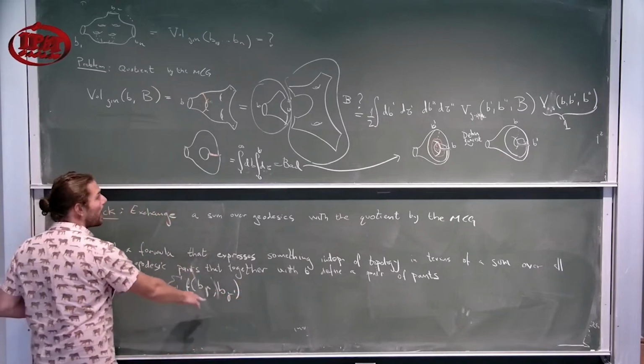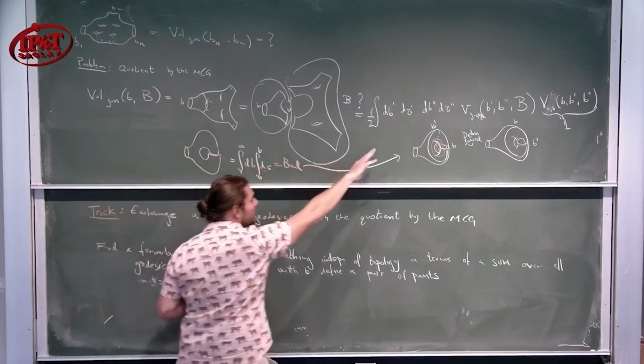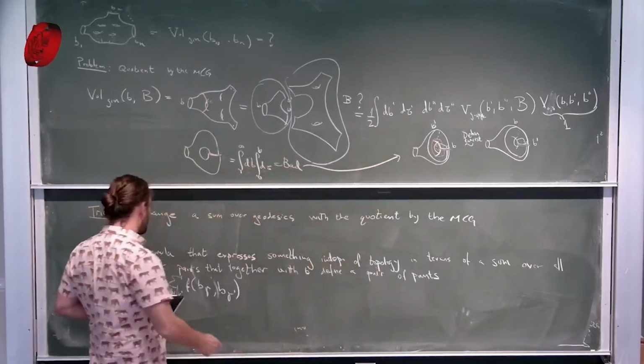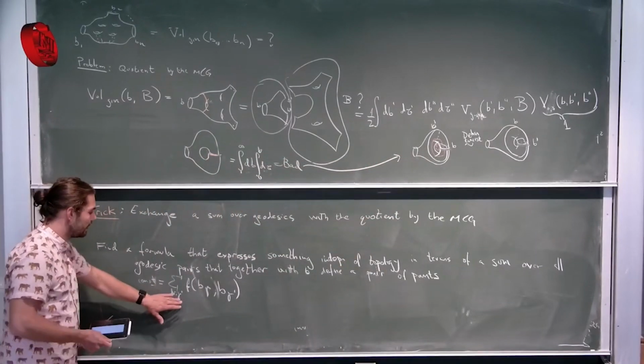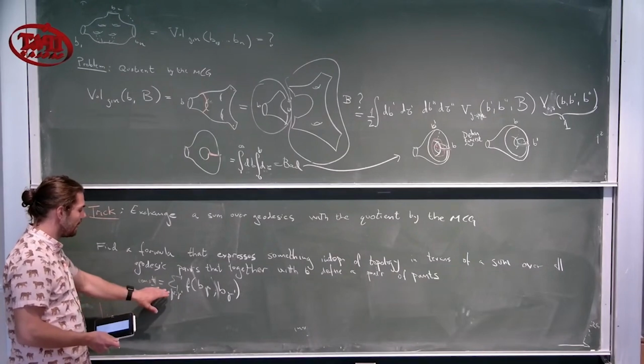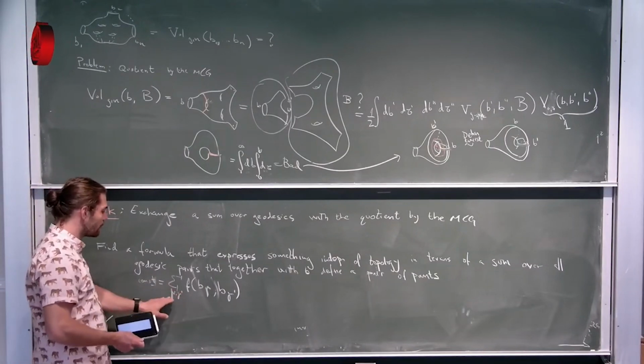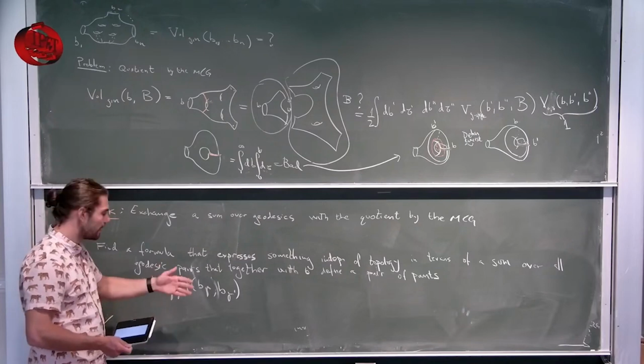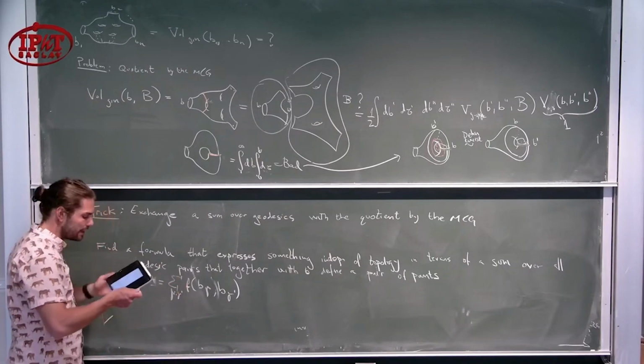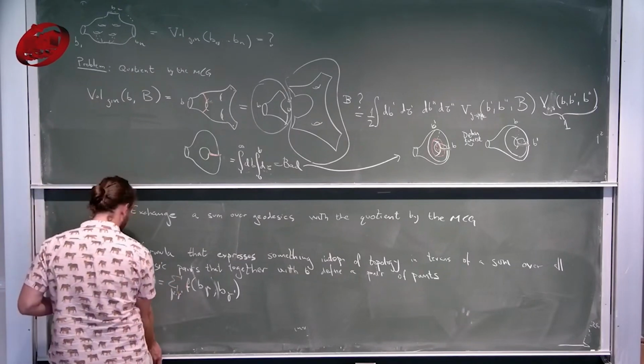Insert this somehow inside of this integral, and when taking the quotient by the mapping class group, pick a representative for each type of geometry that you end up in this sum. I'll make this a lot more explicit in a second.